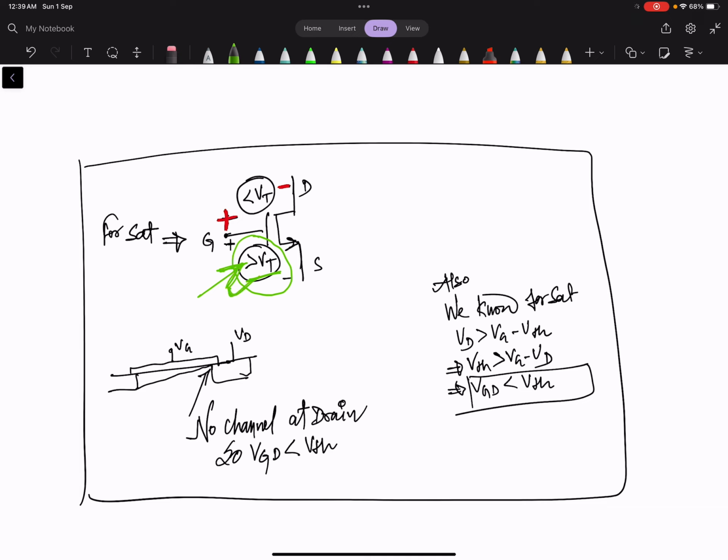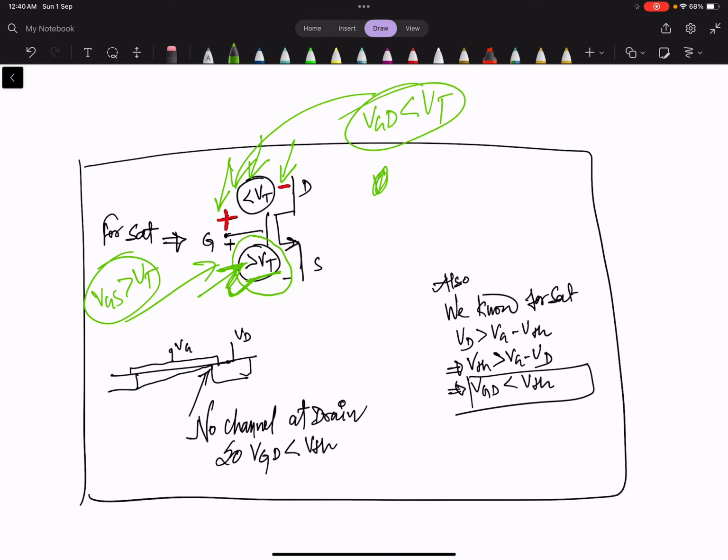The second thing is the voltage drop from gate to drain should be less than VT. So first we know that VGS should be greater than VT. Similarly, this voltage VGD should be less than VT. This you have to remember. Why is it so? Because if you see here, there is no channel here.